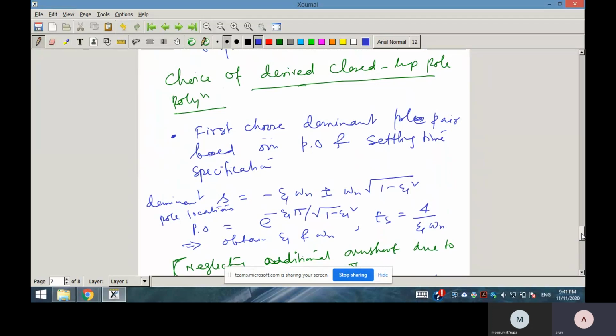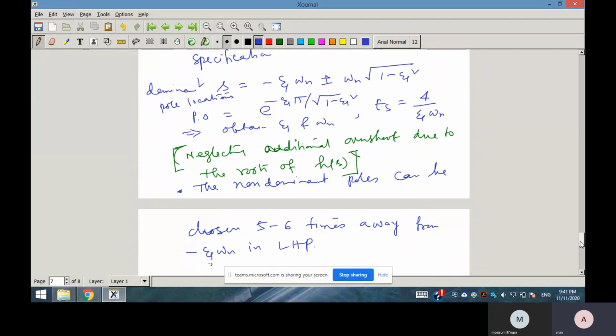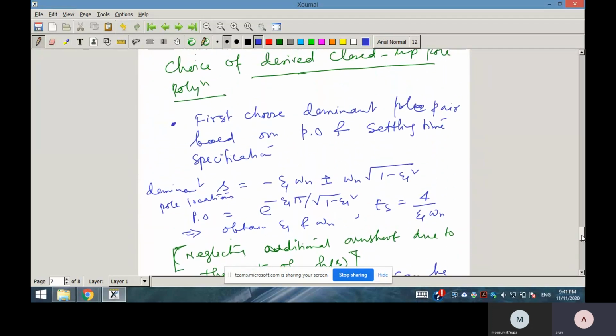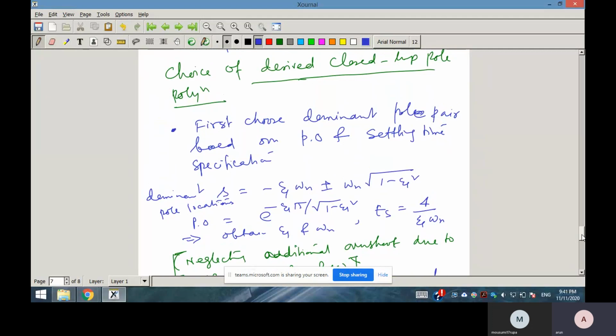It is an iterative process, but the initial guess of how to choose the closed loop pole polynomial is what I have given.